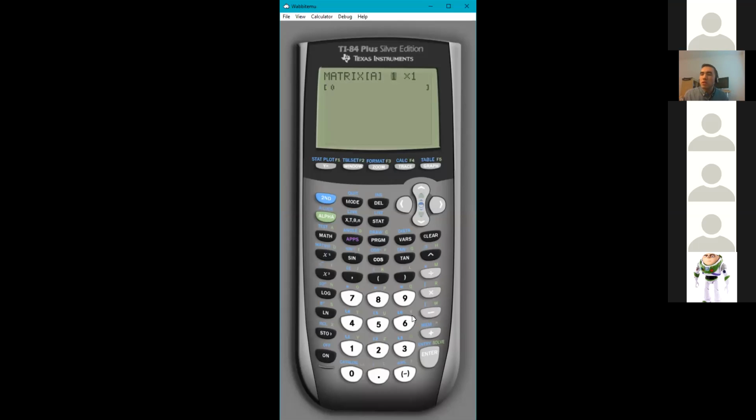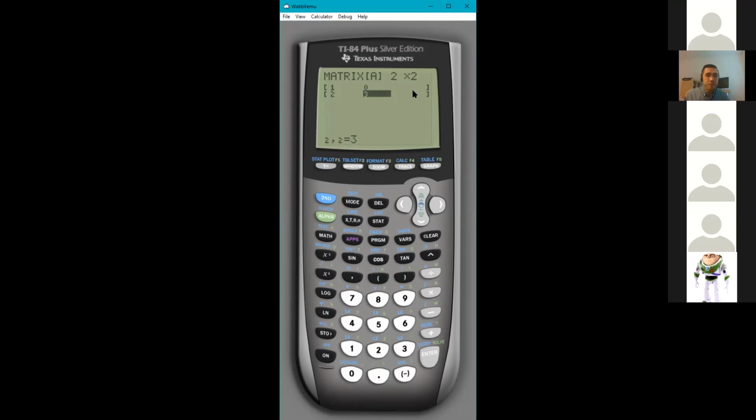I'm just going to do this last warm-up question that we did. So I'm going to turn matrix A into that matrix M, and matrix M was 2 by 2. After I tell it the size, it'll give us the correct number of positions to enter the entire matrix. So that's 1, 0, 2, 3.